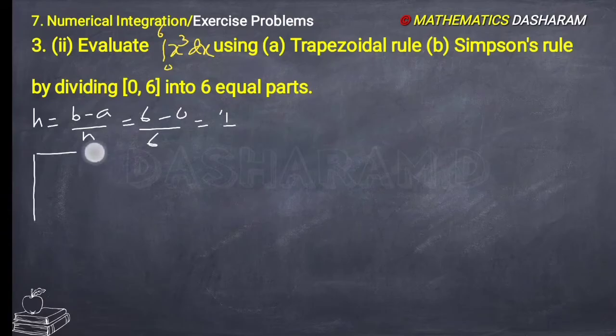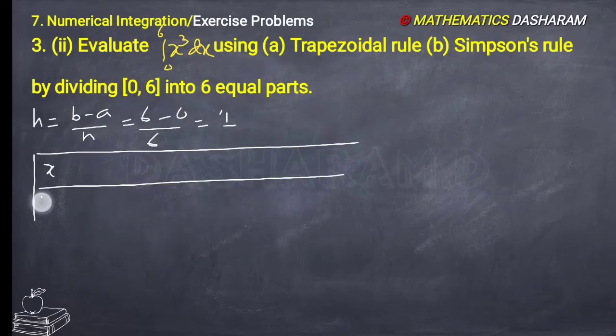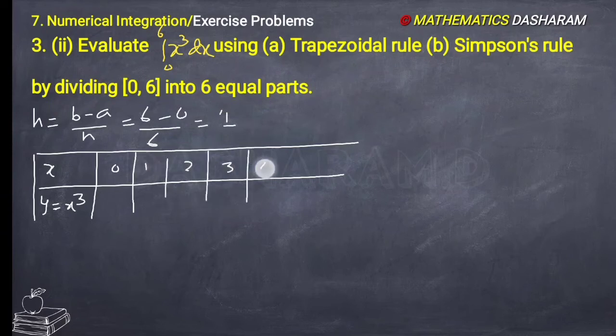Next we need to draw a table. In that, the first column is x and the second is y, the given function, that is y equals x cube. The first x value is the lower limit, 0, and the next x value will be increased by h, that is 1. So 1, 2, 3, 4, 5, and the last number is 6 because the upper limit is 6.